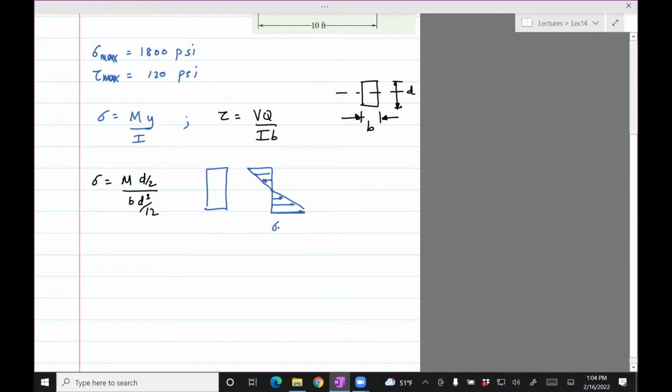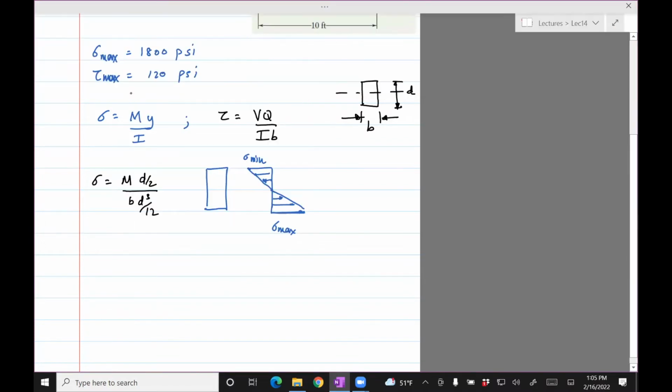So sigma max is here and sigma min is here. It just depends on the direction of M. If M is clockwise or anti-clockwise, the maximum and minimum are the same magnitude, but opposite sign. So we can simplify.